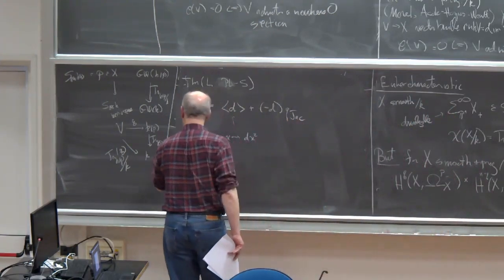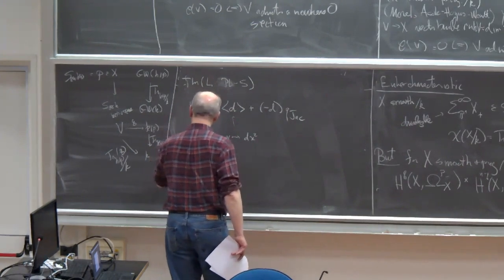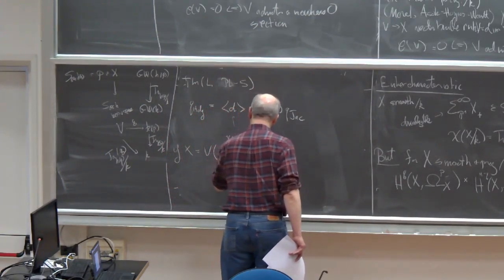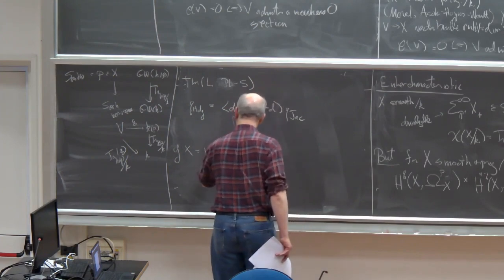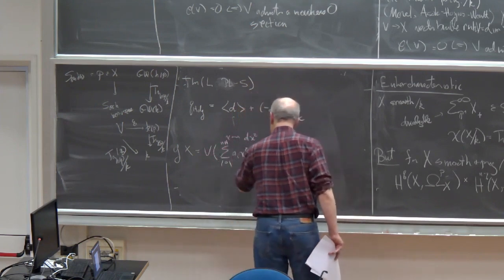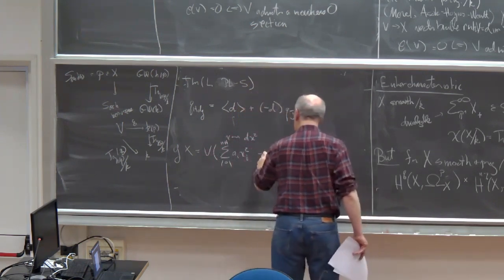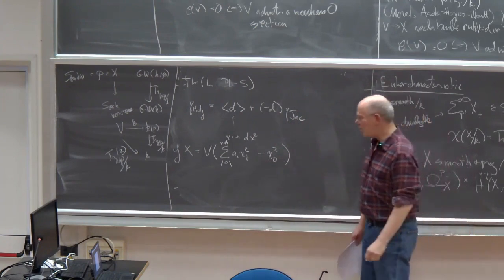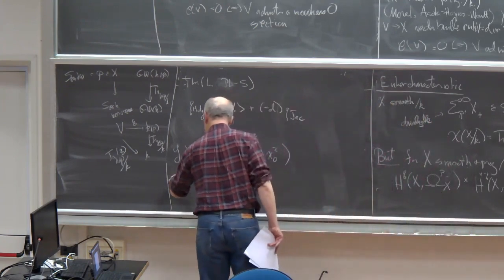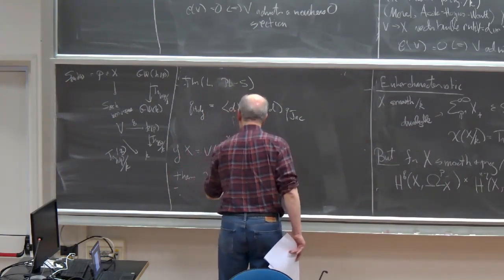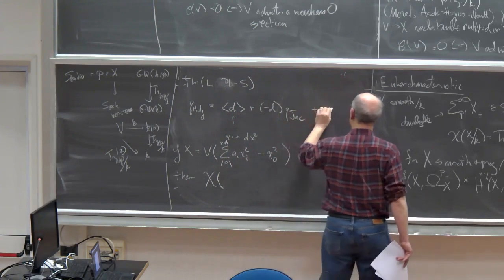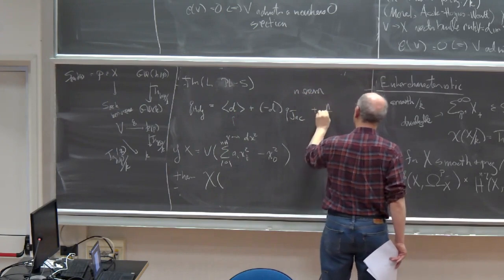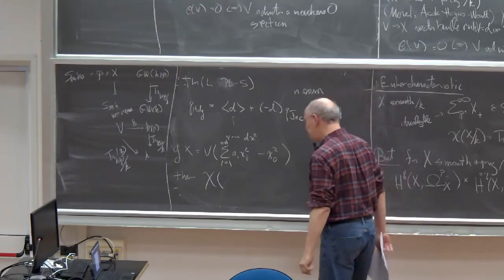Let me give a particular case of interest. If X is equal to this thing here, now I have to make it projective, so let me take the projective closure of the thing we're interested in. You change the 1 to x0 squared, then the Euler characteristic, this is for n even, which is the case we're interested in, is plus n over 2 times the hyperbolic form.